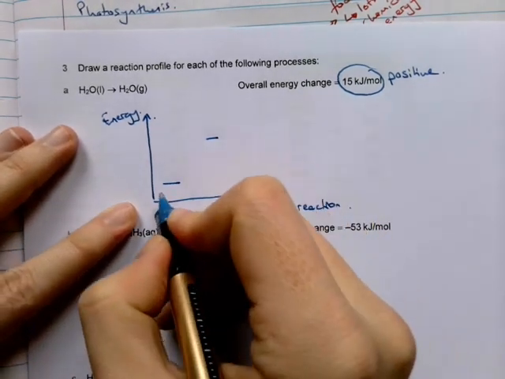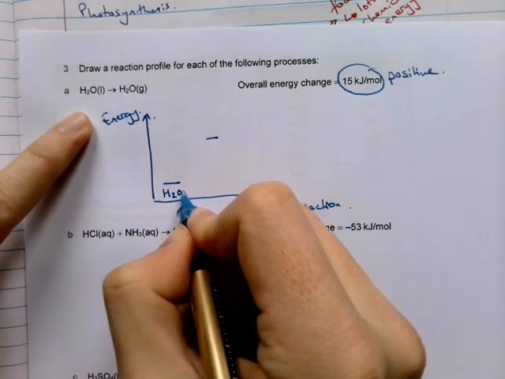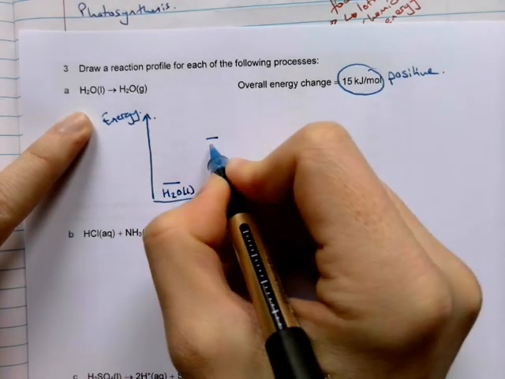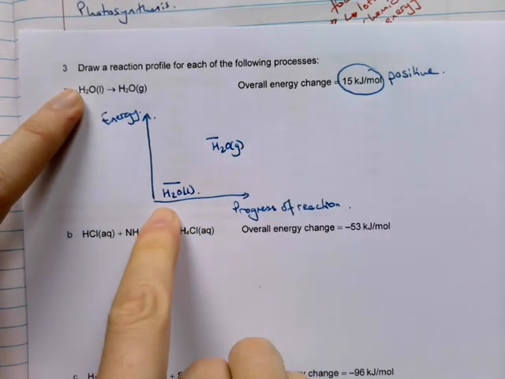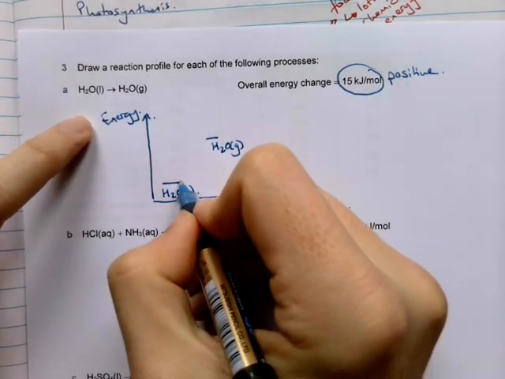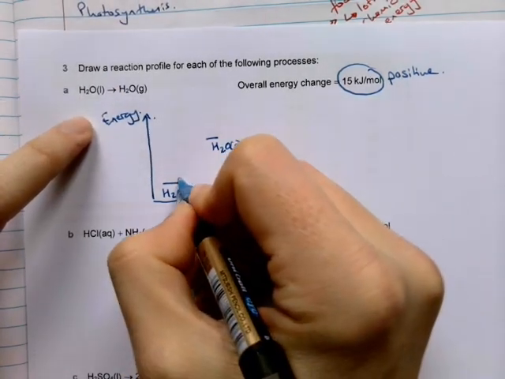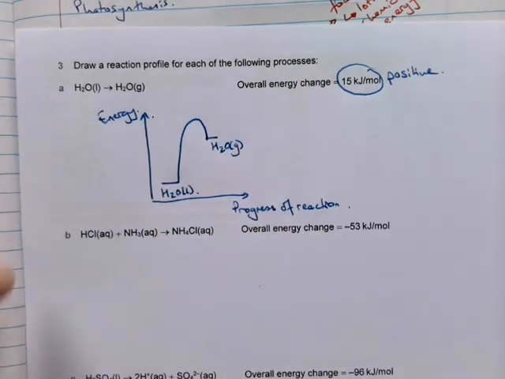Now down here, I've got H2O liquid, and up here I've got H2O gas, because those are my reactants and those are my products, and then I've got the line between them, which looks like that.